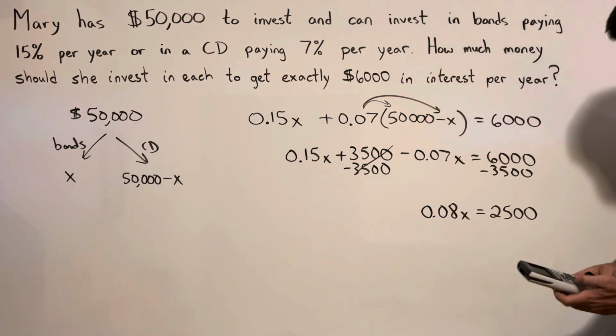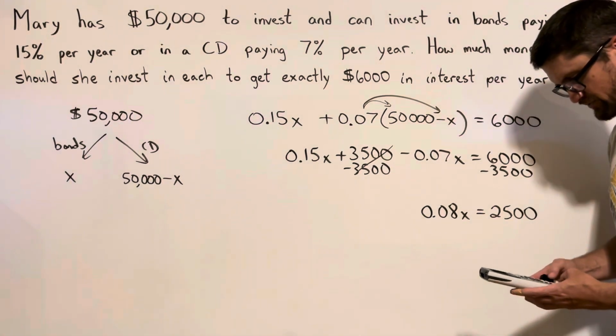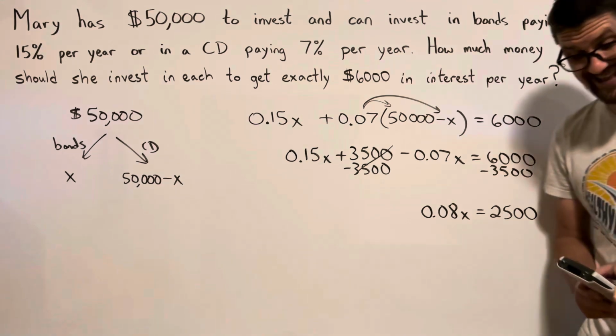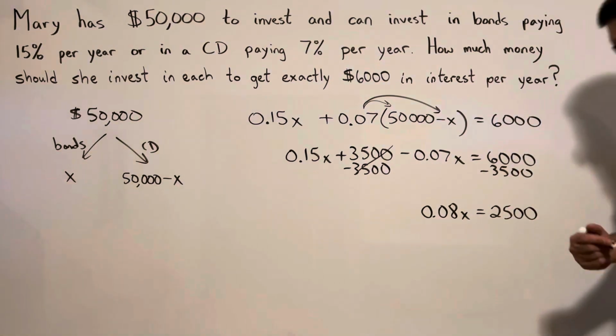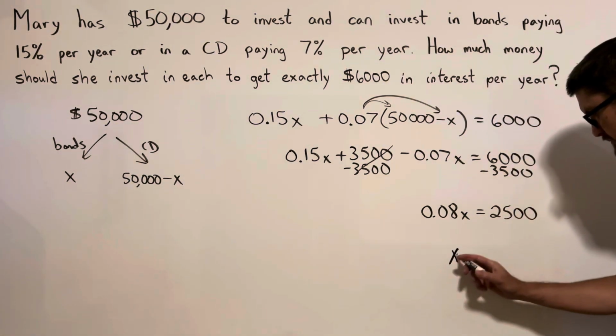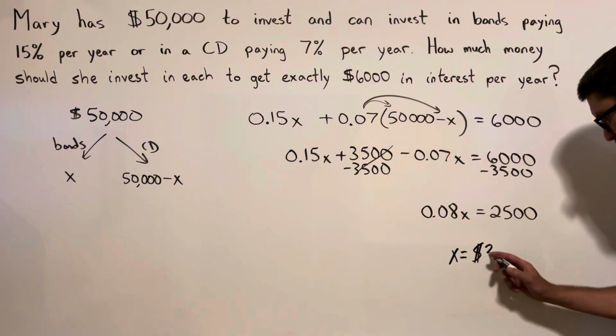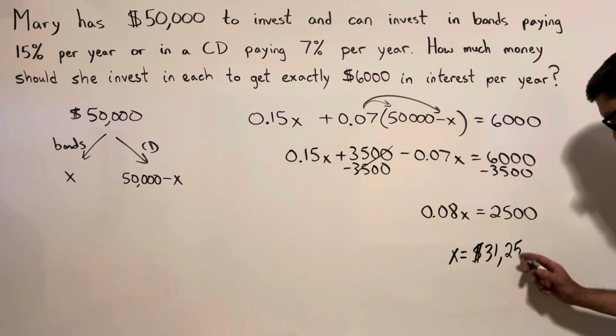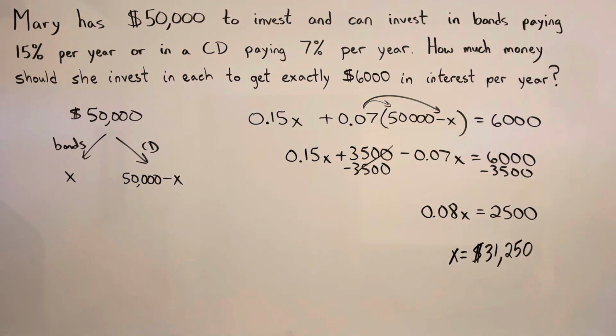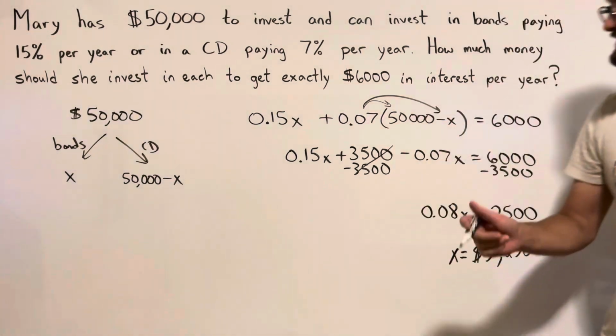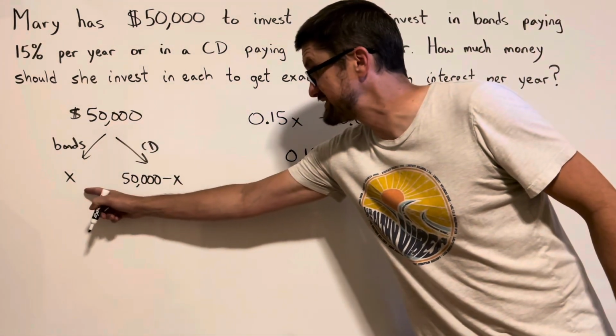All right, 2,500 divided by 0.08 gives me 31,250. So X is 31,250. Remember, X is the amount going into the bonds.